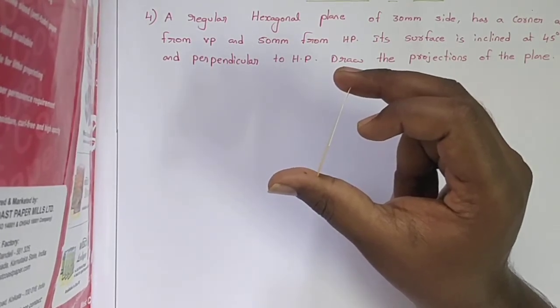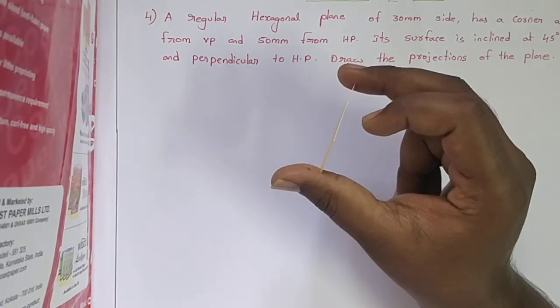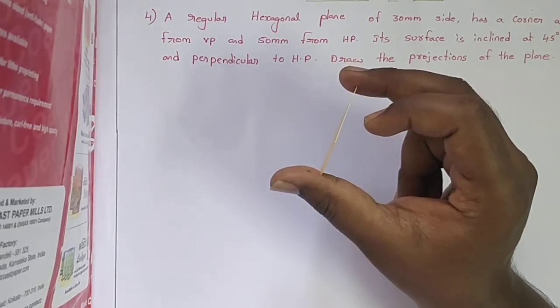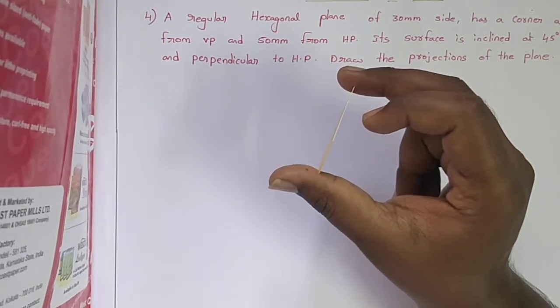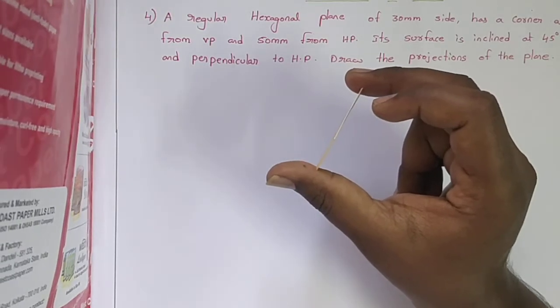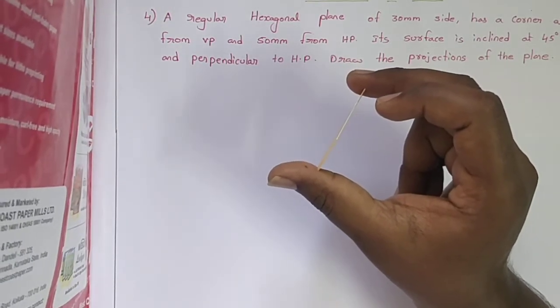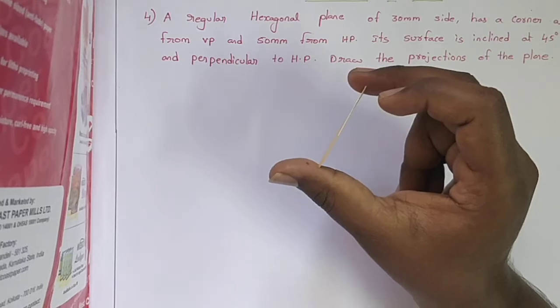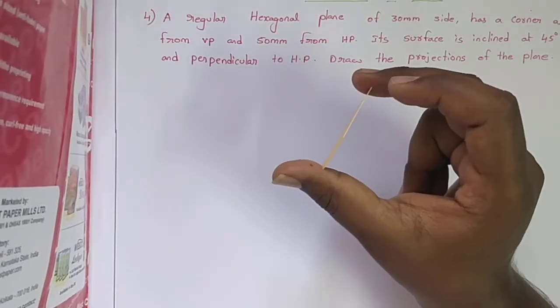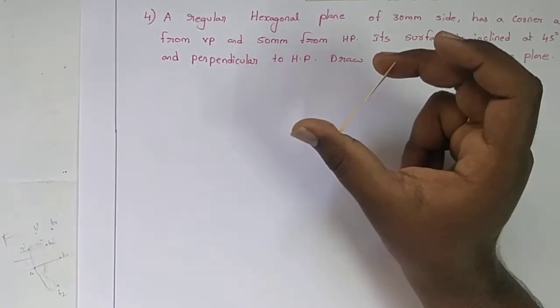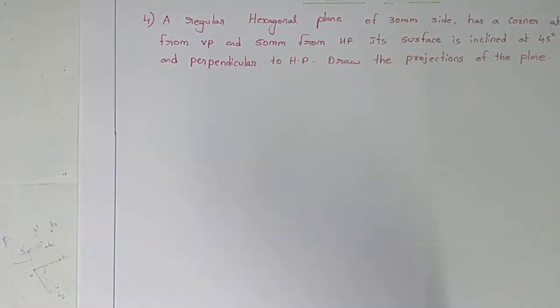In the front view we will get the shape of the hexagon, but not a regular shape, because it is at 45 degrees to the VP, so all the sides of the hexagon are not equal.